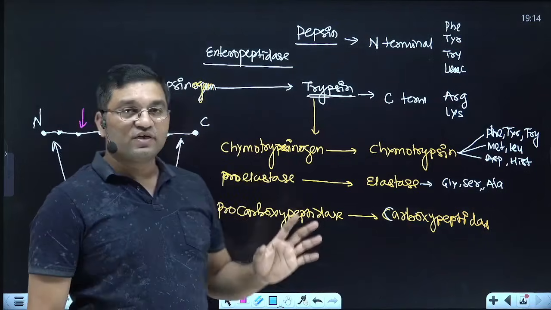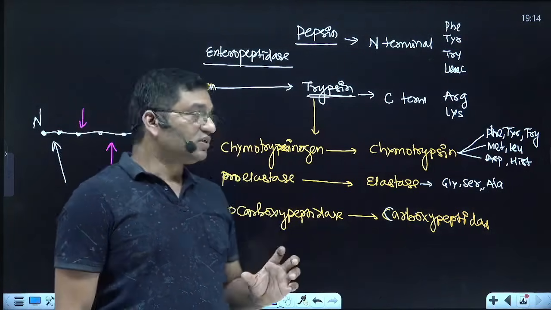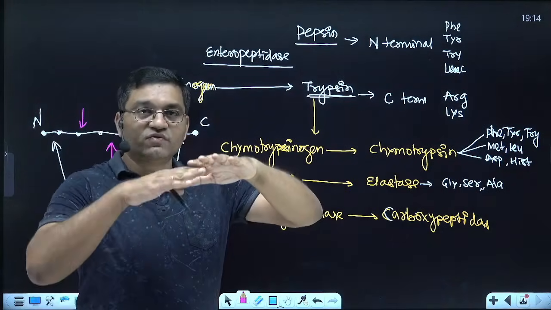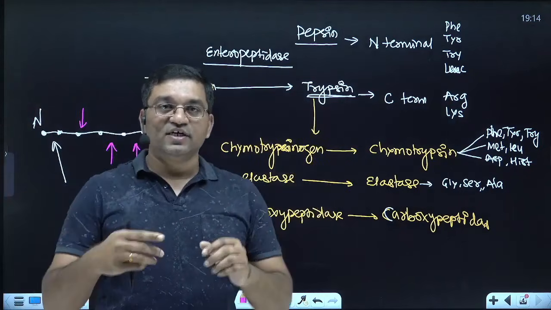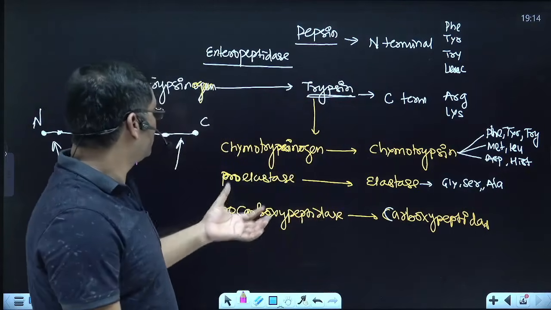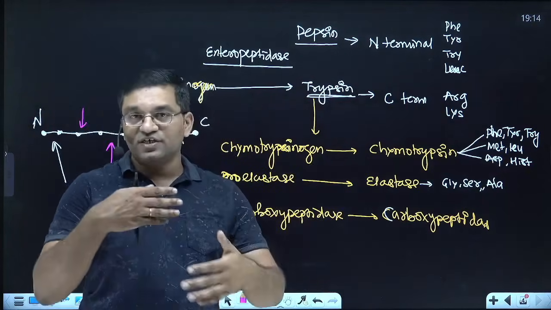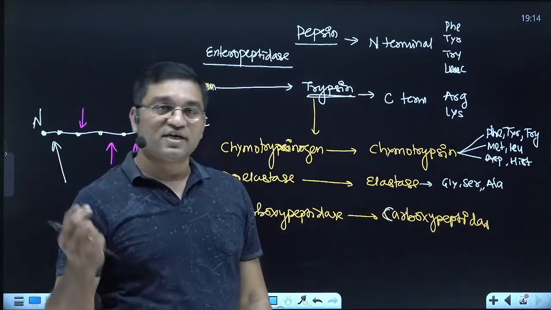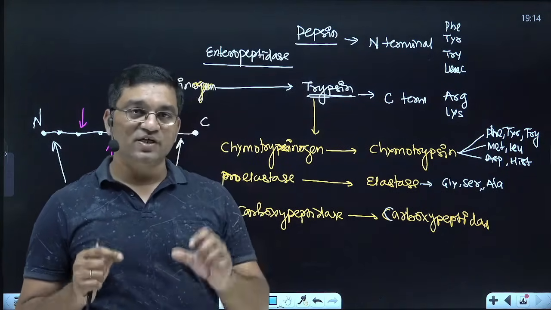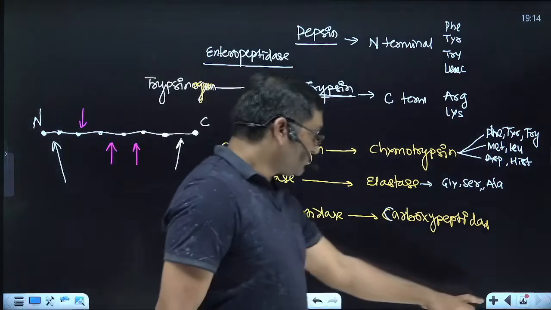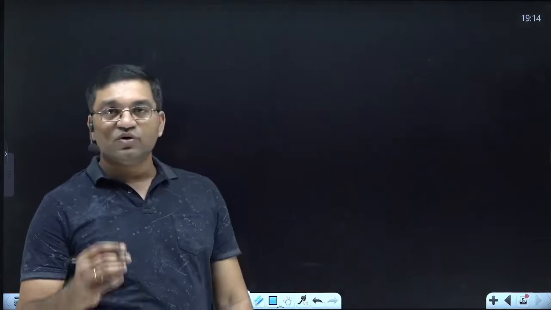So these are the different enzymes which act on the protein or peptide and convert the larger polypeptide into smaller fragments. Now these smaller fragments are further acted upon by these peptidases and converted into oligopeptides, dipeptides and free amino acids. They are again acted upon by the dipeptidase and aminopeptidase to get free amino acids.